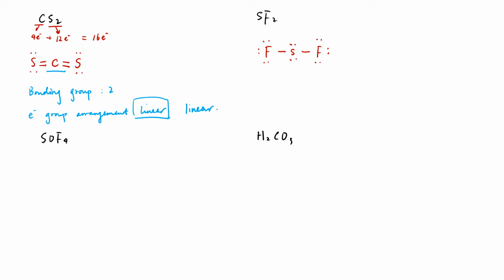The number of electron groups for the center atom sulfur: we have 1 bond, 2 bonds, 1 lone pair, and another lone pair. So in total 4 electron groups. With 4 electron groups, the electron group arrangement is tetrahedral.